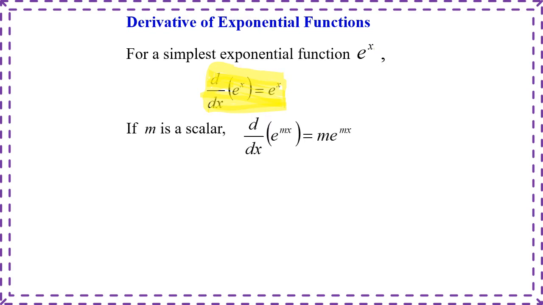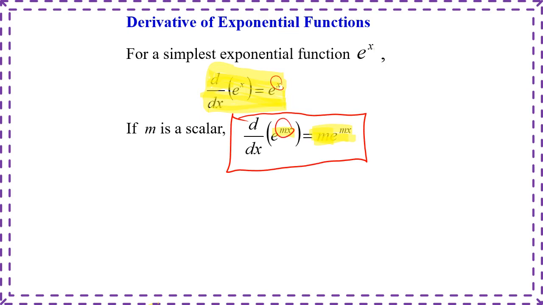If m is a scalar, the derivative of e to the power of m multiplied by x, what we need to do is to bring the scalar m as the coefficient of the exponential. So the answer will be m e to the power of mx. So this is if we have a scalar in front of the x.